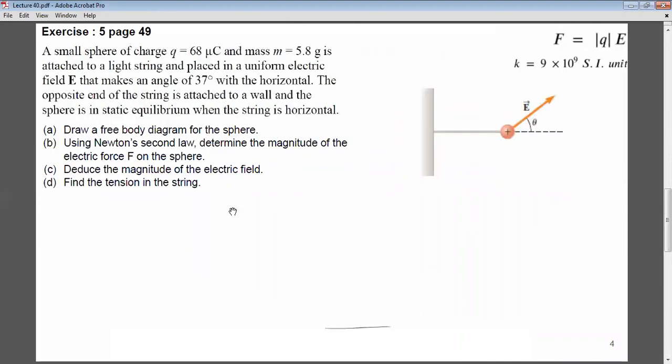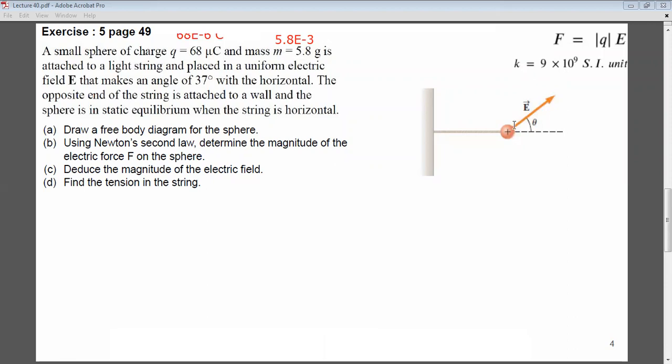Okay, a small sphere of charge Q equals 68 microcoulomb. So this is 68e-6 coulomb. And mass 5.8 grams, so this is 5.8e-3 kg. It is attached to a light string and placed in a uniform electric field, E, that makes an angle of 37 degrees with the horizontal.